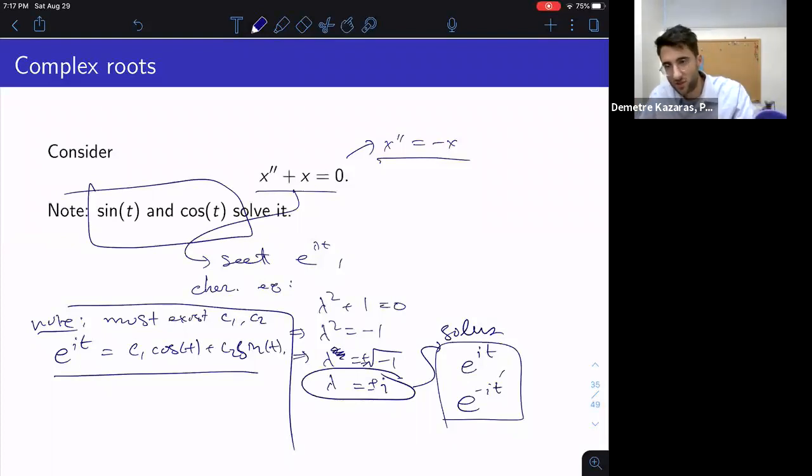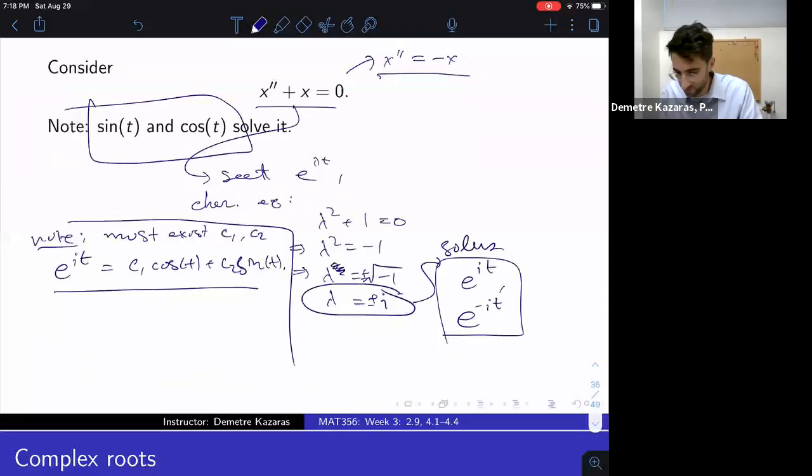Well, I got another solution. So I know sine and cosine are good solutions. I got another solution here, e to the it. Well, that fact must imply that there's a way of writing e to the it as a linear combination of cosine and sine. Which, if you didn't know that already, is not intuitive.